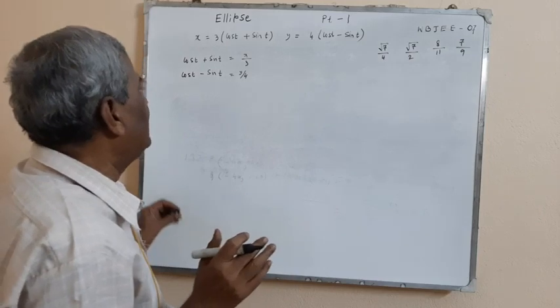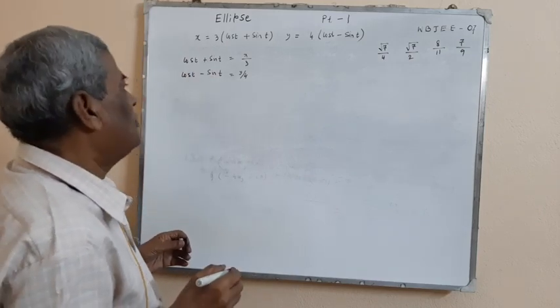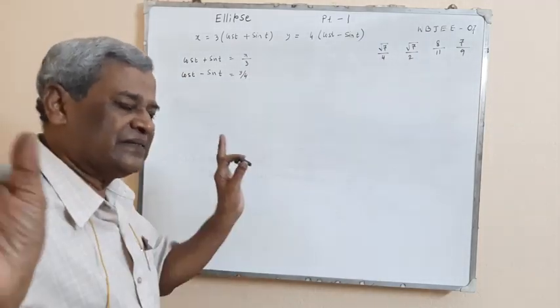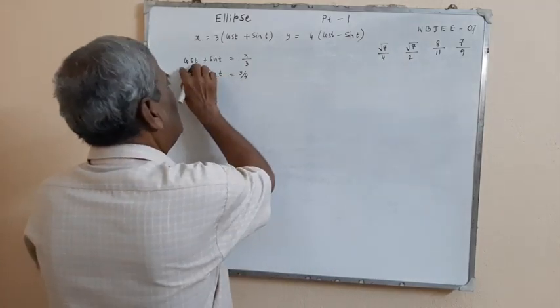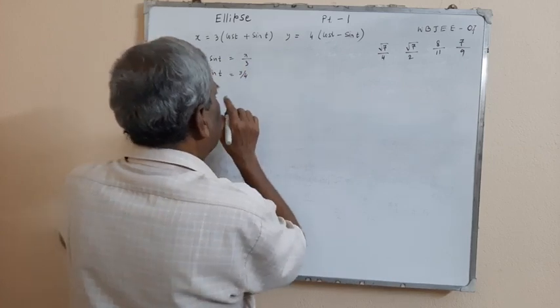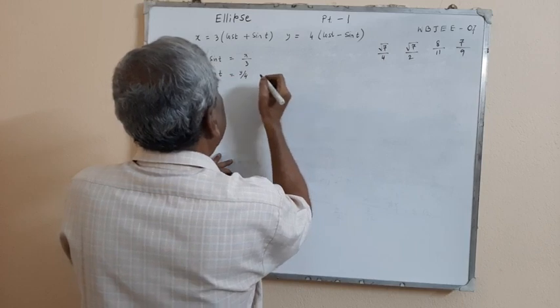Many ways are there. By adding, you get cos t. By subtracting, you get sin t. Then square and add, you will get the answer. In this case, from the shape of the sin t and cos t, by squaring and adding, we get the desired result.